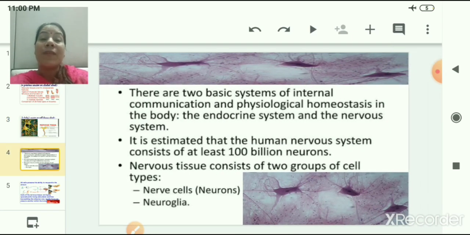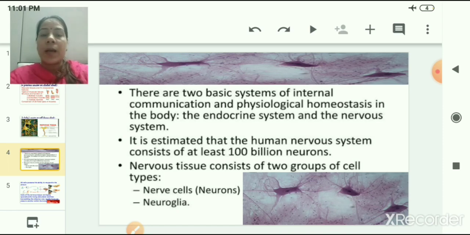Children, we all know that there is some control system in our body. So there are two basic systems of internal communication in our body and physiological homeostasis. Homeostasis is a state in which our body tries to maintain a balance.